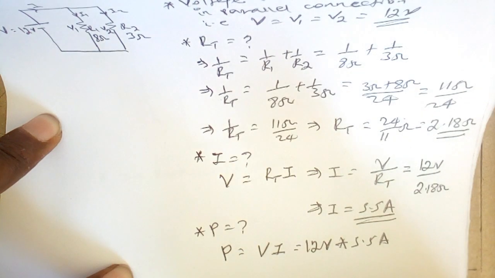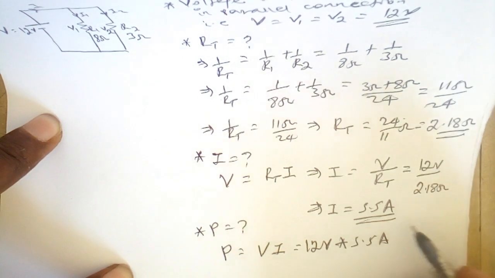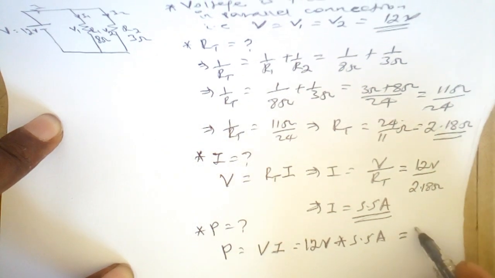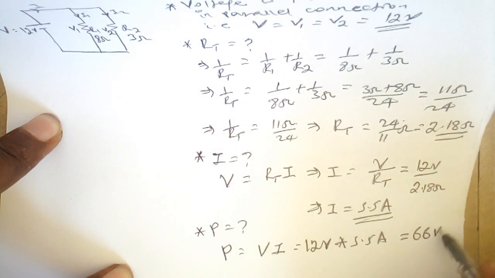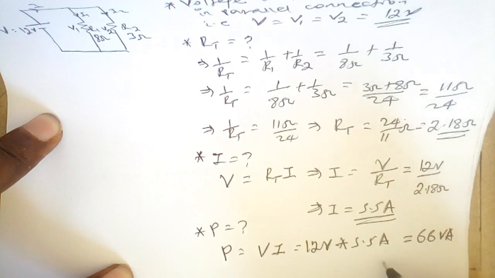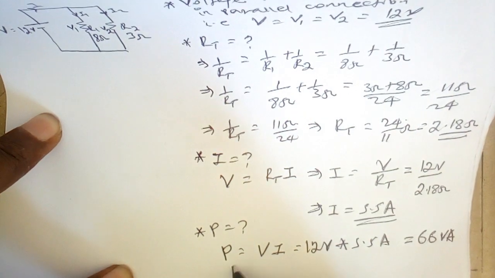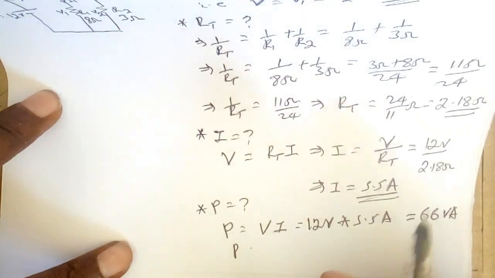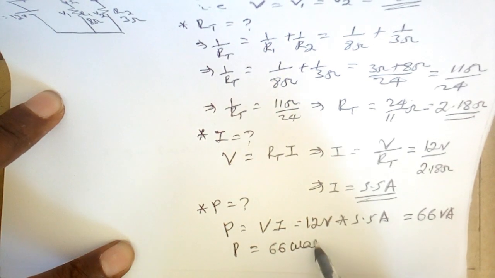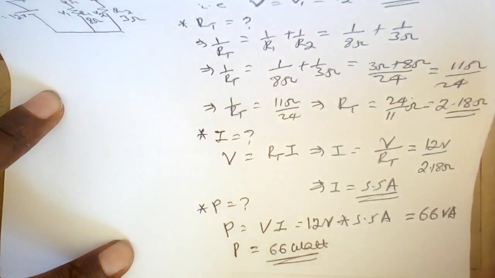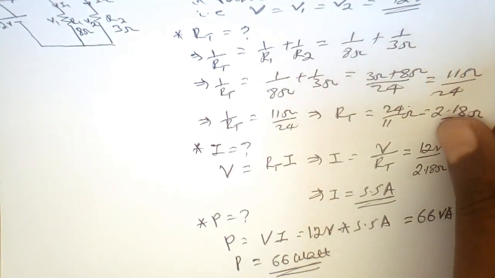The multiplication of the two gives the power. So finally, the output power will be 66 VA or watts. VA means the power. So 66 watts of power will be generated due to this voltage and current.